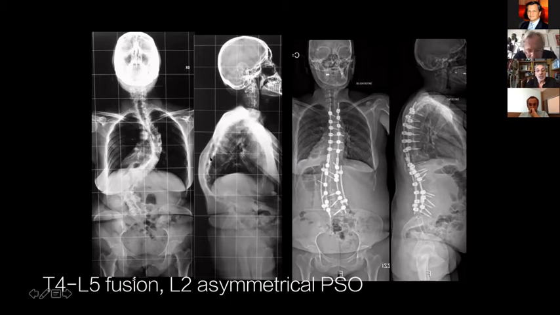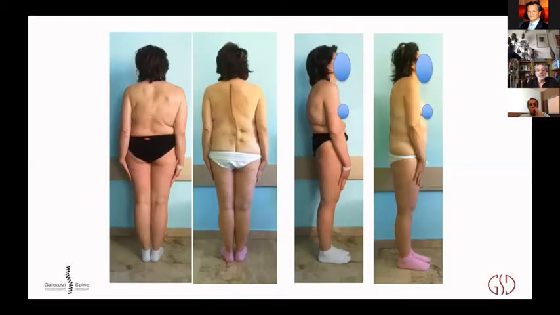But the point is, this is an idiopathic scoliosis, not de novo. That means there is no significant problem between L4 and S1, and the amount of lordosis between L4 and S1 is close to normal, because it's a different problem. Here you can see the clinical result.